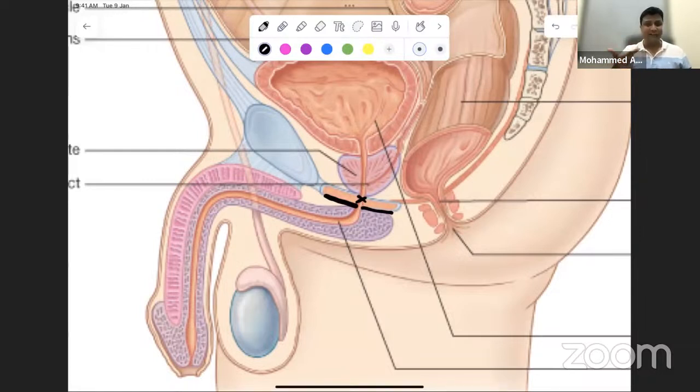Now what does your examiner suddenly do? No straddle injury, no pelvic fracture, he is not going to use those words. Instead, that examiner will give you above the perineal membrane. And which students can answer that question? Only those students who have attended the complete conceptual lecture. Are you getting my point here? So that's the difference between just reading one-liners and reading between the lines. Understanding, my dear friends?